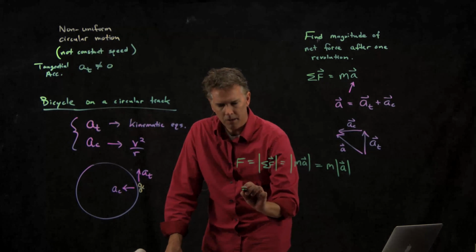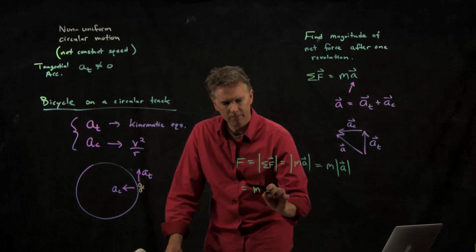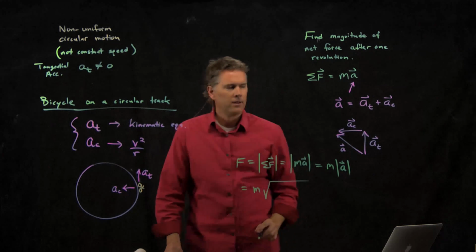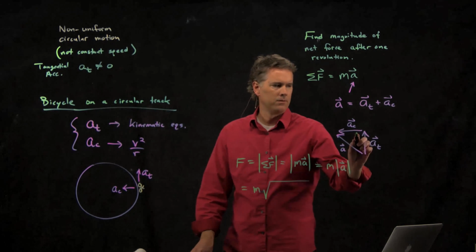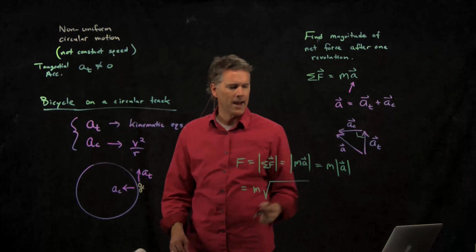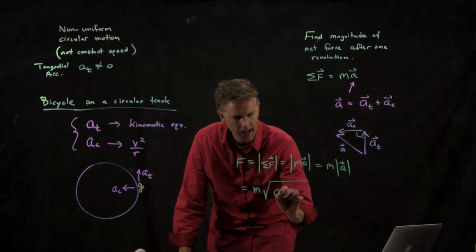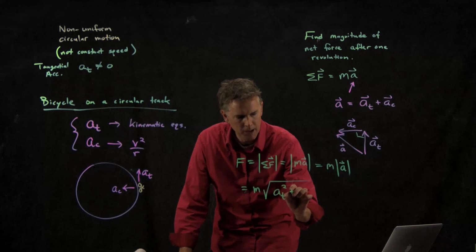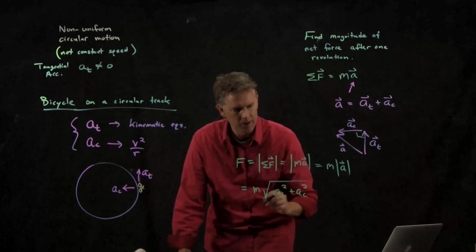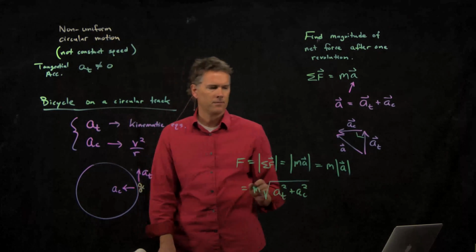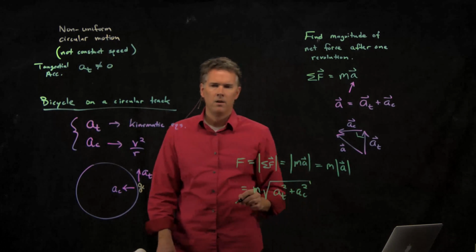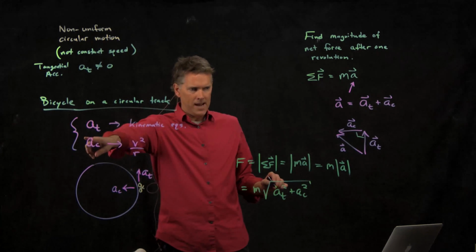What is the magnitude of a? This is a right triangle. And so the magnitude of that hypotenuse is just the square root of a sub t squared plus a sub c squared. You already know what a sub c is.